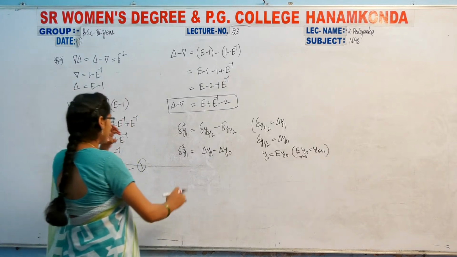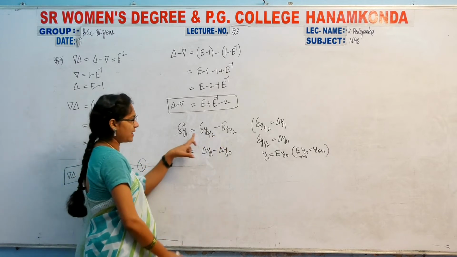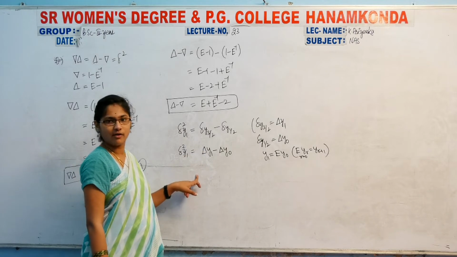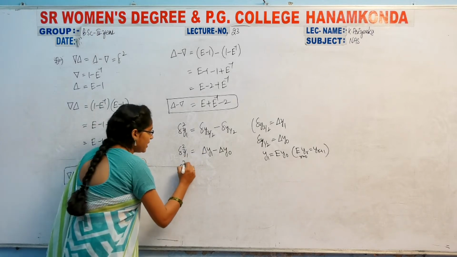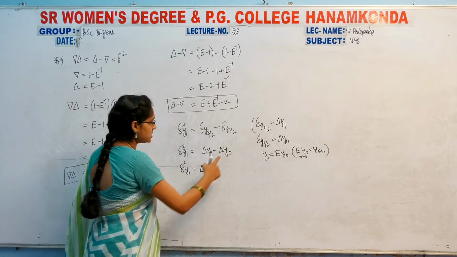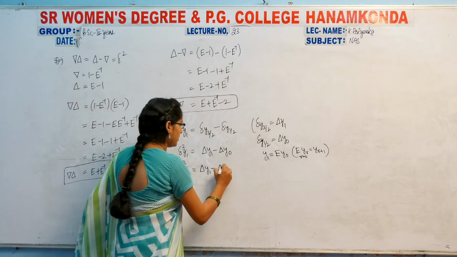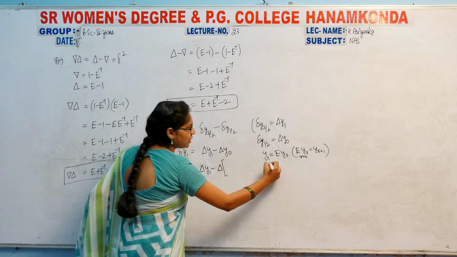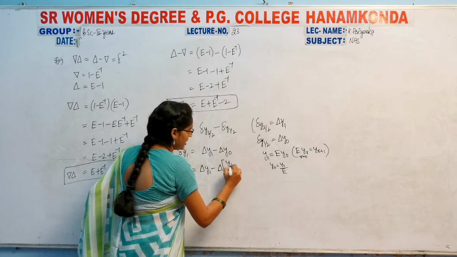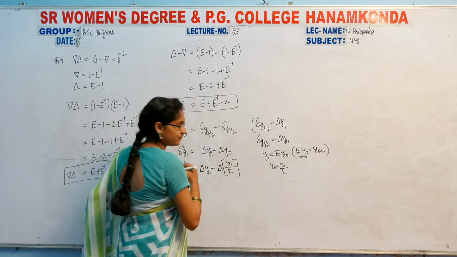So now here del square y1 is equal to, now I changed the gamma to del, central to forward. Now del square y1 equal to del y1 minus del y0. So same del of, what is y0 from here? y0 is equal to y1 by e. Now y1 by e. Okay.